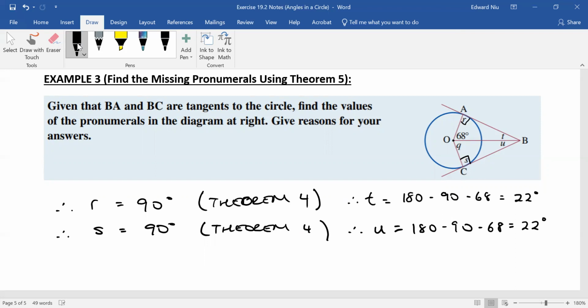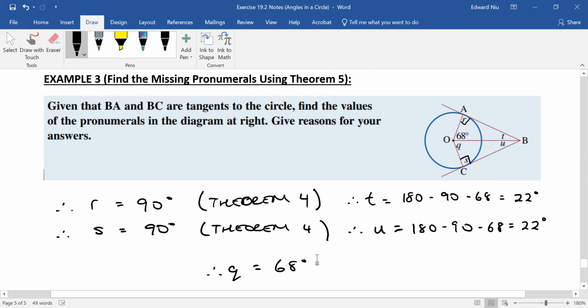And then lastly, Q equals 68 degrees because it's corresponding to its counterpart. Since U is 22, S is 90, for this triangle to add up to 180, we need this Q angle to be 68 degrees.